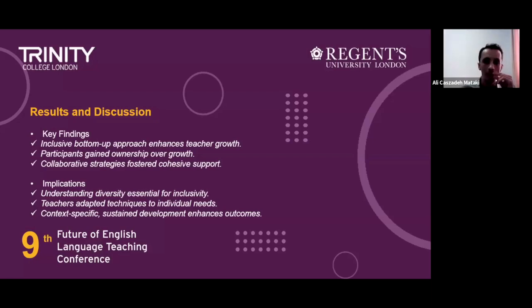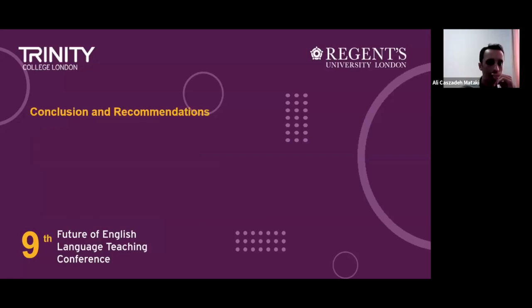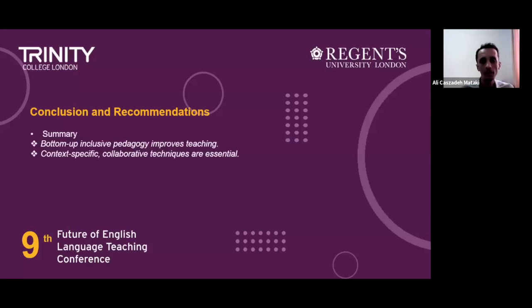Okay, as far as recommendations are concerned, and also let's draw a conclusion. To conclude, a bottom-up method utilizing inclusive pedagogy is an effective means of professional development, and it leads to progressive teacher practices and, in turn, improved student outcomes.